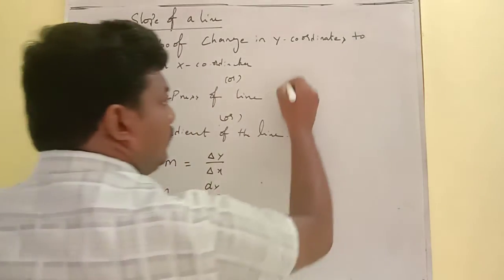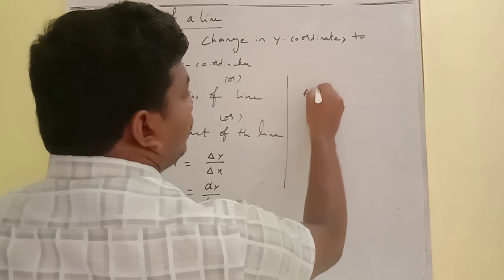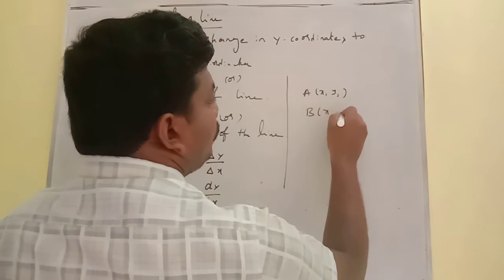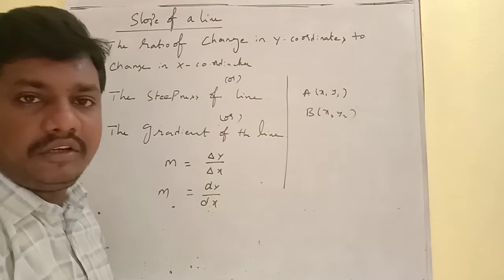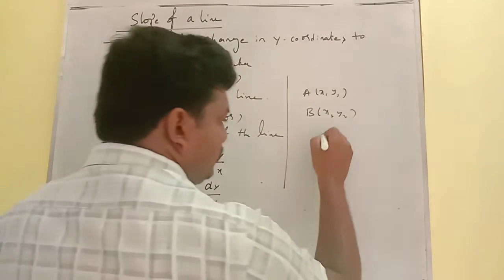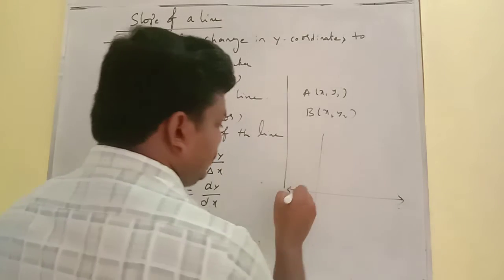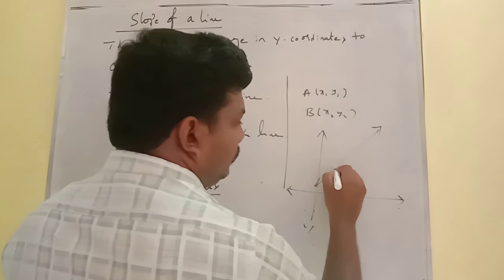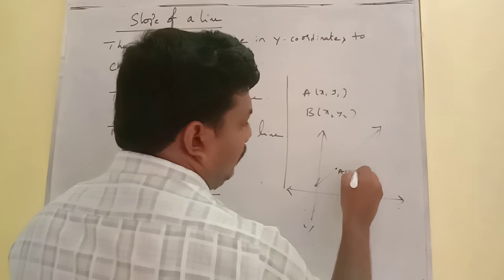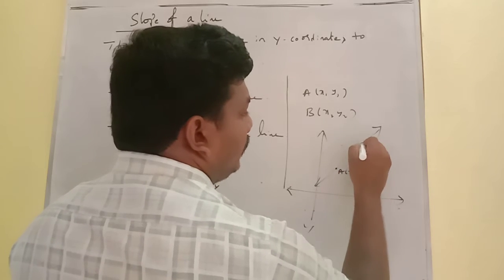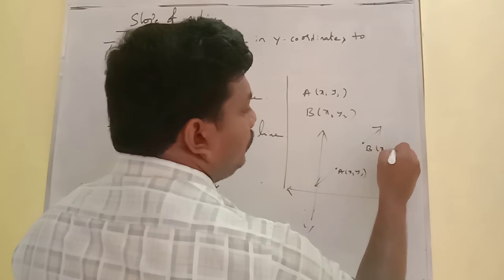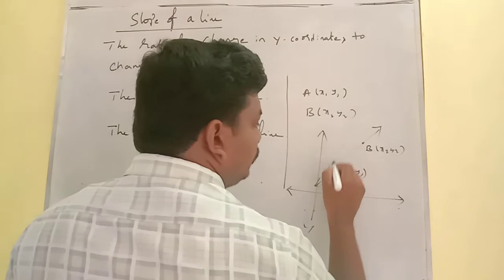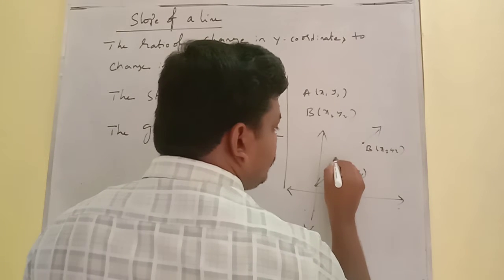So let me consider A (x1, y1) and B (x2, y2) as any two points joining a line segment, on the x-axis and y-axis. Let me consider this is the x-axis and y-axis. This is a line. This is A (x1, y1) and this is B (x2, y2). Now, from this point to this point, what is the change in y?